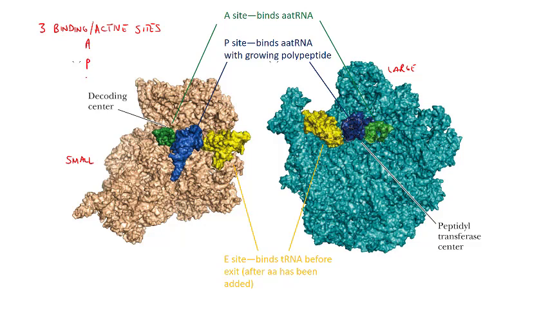A, P, and E. So they're easy to remember because they spell ape, and they end up getting used in that order. So the A site, I remember this as calling it the access site. And that's what's shown in green. This is where the amino acyl tRNA initially binds, with one exception, which we'll see in a minute.